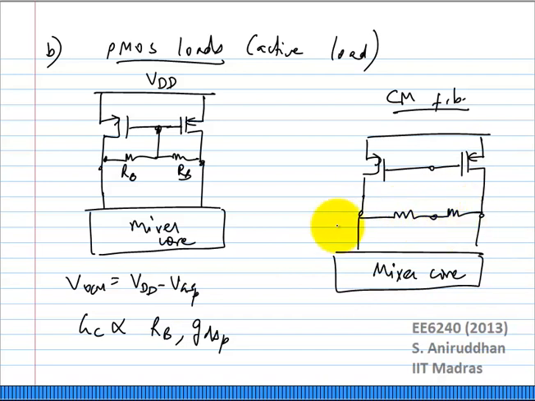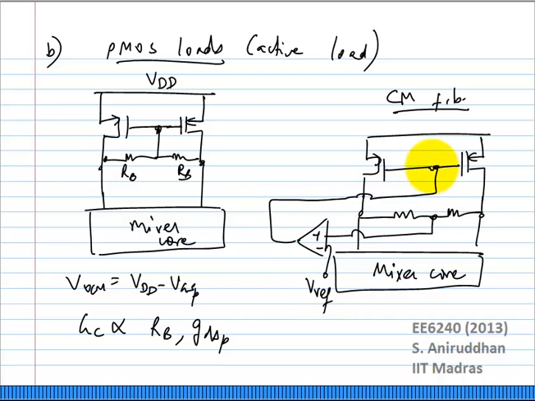So I'm going to take this guy. I can do this, and very possibly I might need some compensation for that loop.